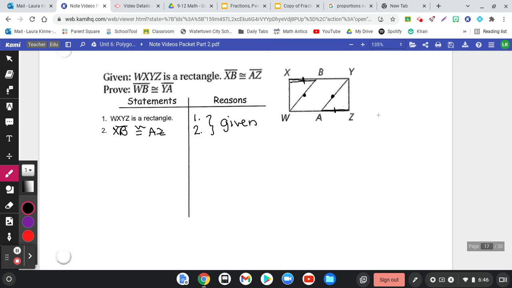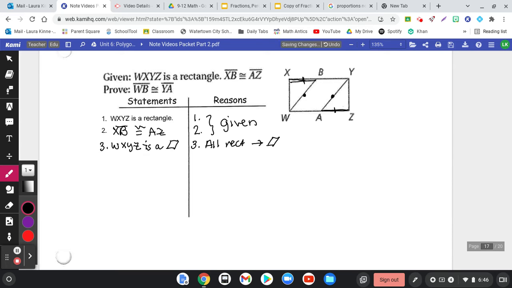All right, that tells us a lot. So first of all, we can also say that WXYZ is a parallelogram because every single rectangle is a parallelogram. So all rectangles are parallelograms. You could write out the word too if you'd like.